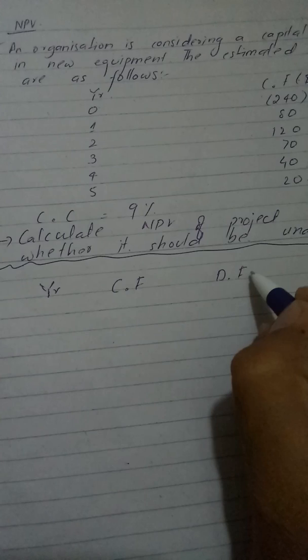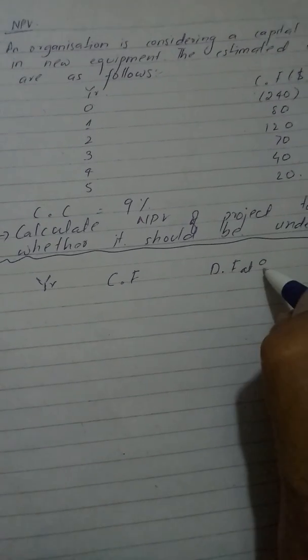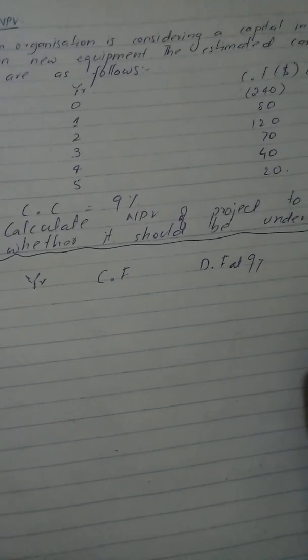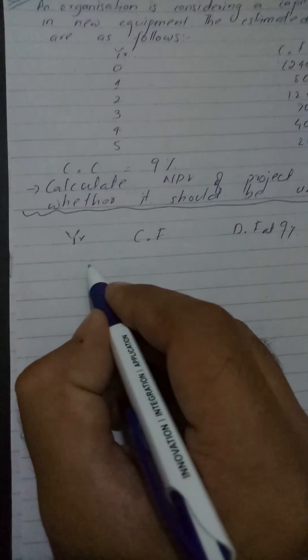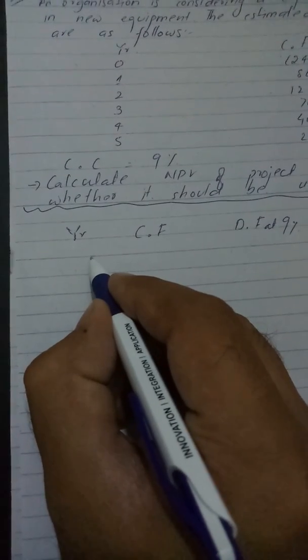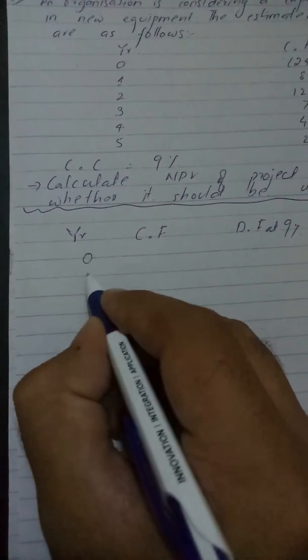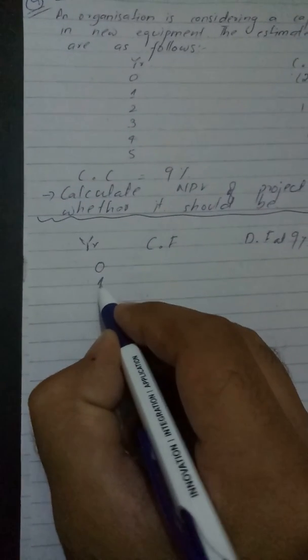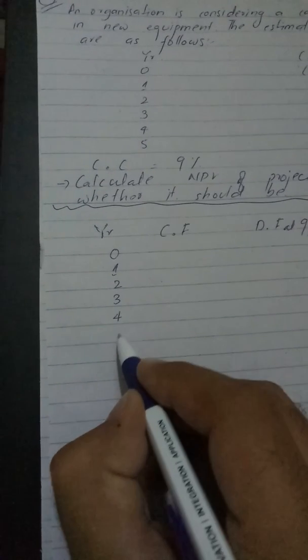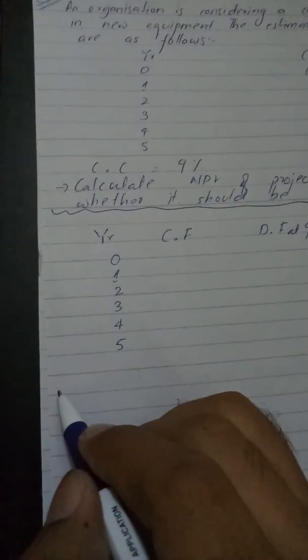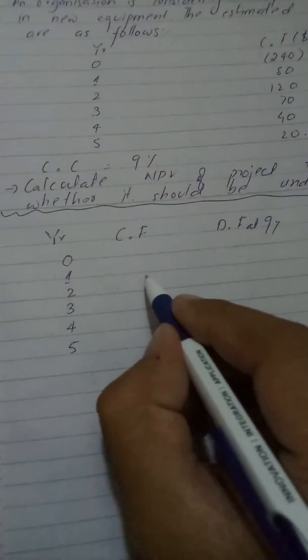So what we're going to do, we're going to have the year 0, 1, 2, 3, 4, 5. Cash flows are this is 80,000 or 80.